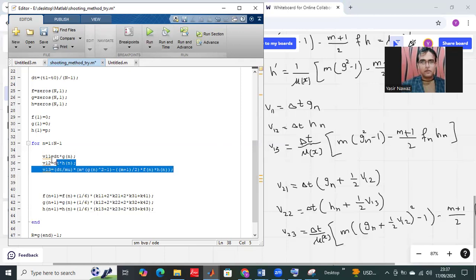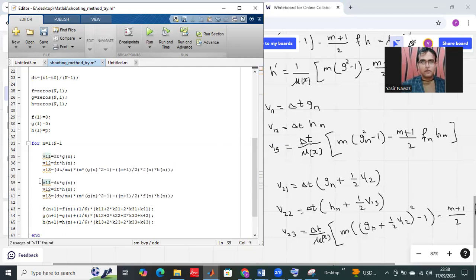And for the second stage, I will use G of n plus V12, and this would be H of n plus V13.